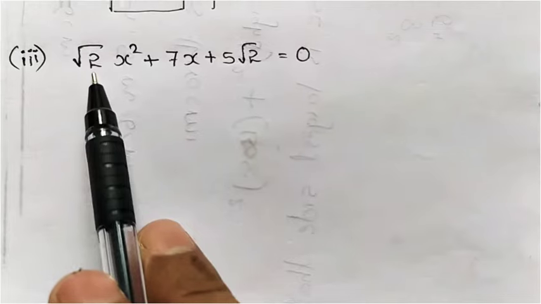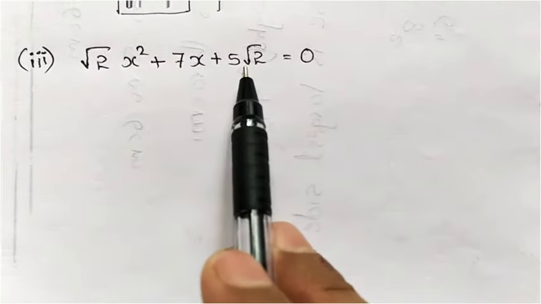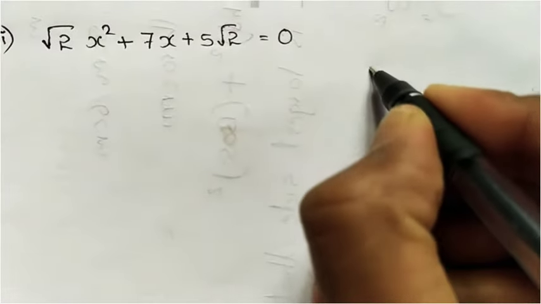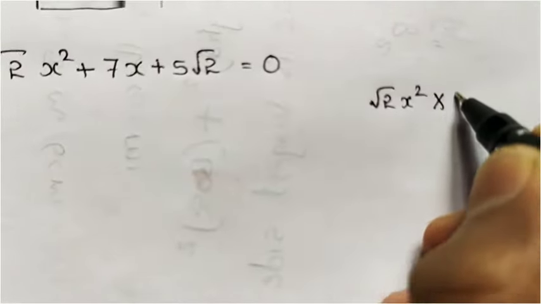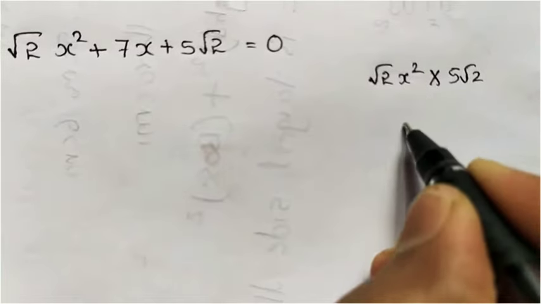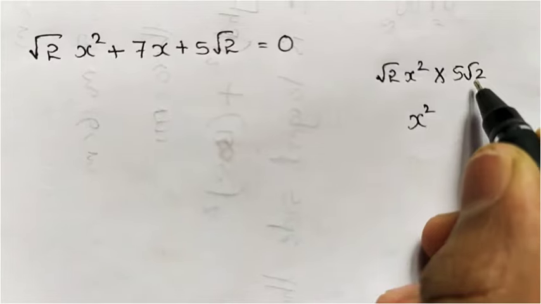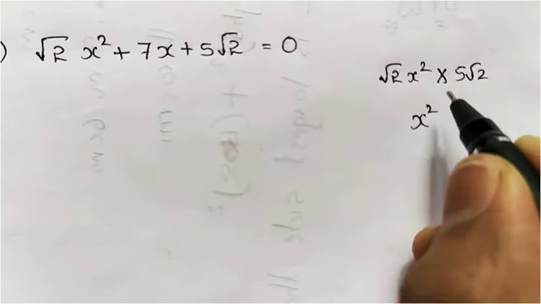Now the third one. The first term is root 2 x square, and the third term is 5 root 2. Okay, multiply them. So here root 2 x square into 5 root 2. I will get x square, root 2 into root 2, whole square, that becomes 2, and 2 5s are 10.